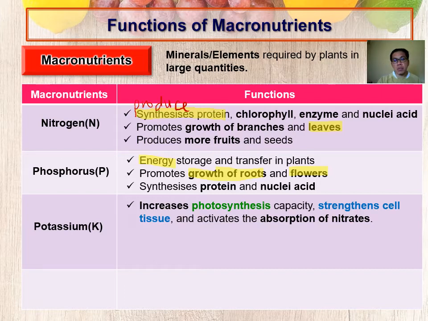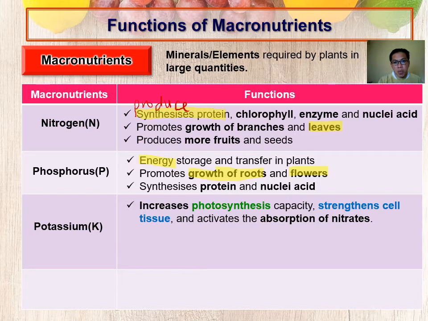So dalam bahasa yang kita mudah faham, potassium helps to increase the rate of photosynthesis, meningkatkan kadar kapasiti berlakunya fotosintesis. At the same time it strengthens, memperkuatkan lagi cell tissue. At the same time it activates, mengaktifkan absorption of nitrate, penyerapan nitrate.